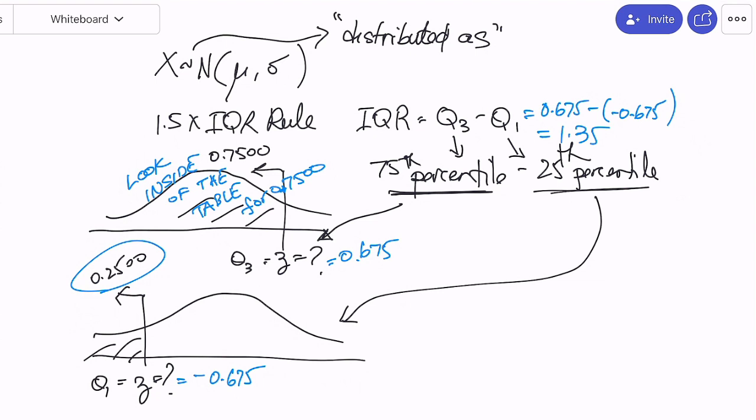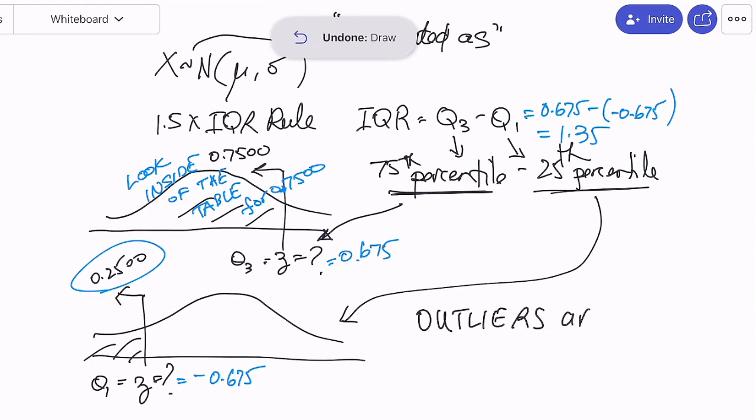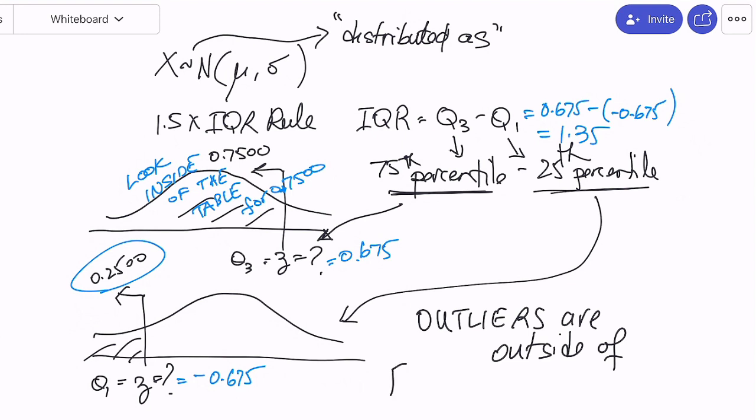So that's the IQR. And then we're supposed to identify outliers. On the left side, it should be smaller than Q1 minus 1.5 times IQR.